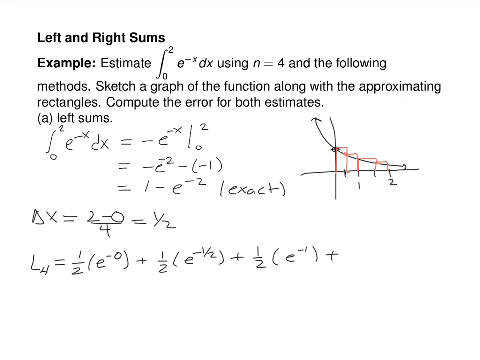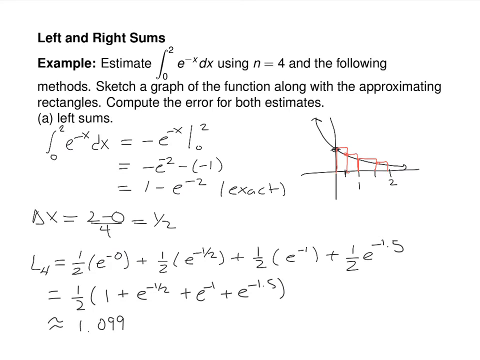And then lastly, between 1.5 and 2, base 1/2, height e to the negative 1.5. And it will be easier to put this in a calculator if you factor that 1/2 out. And then e to the 0 is 1. So 1 plus e to the negative 1/2 plus e to the negative 1 plus e to the negative 1.5. And that will be approximately 1.099. Follow WebAssign's directions on rounding. I'm just going to round to 3 decimal places.